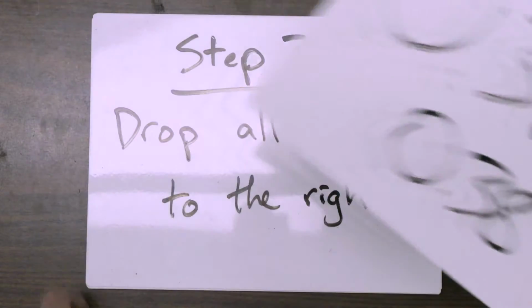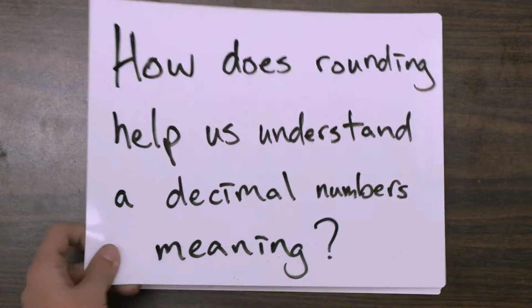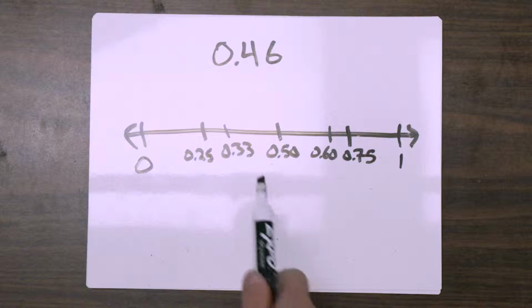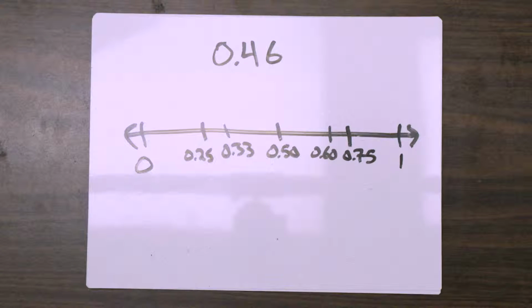All right, so how does rounding help us understand a decimal number's meaning? Why are we doing this? How does this help us at all? Well, we can use our common decimal numbers that we've talked about before.